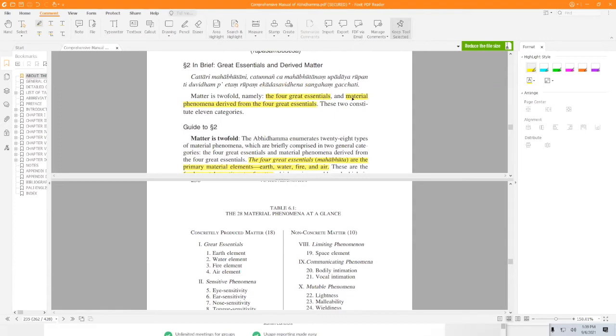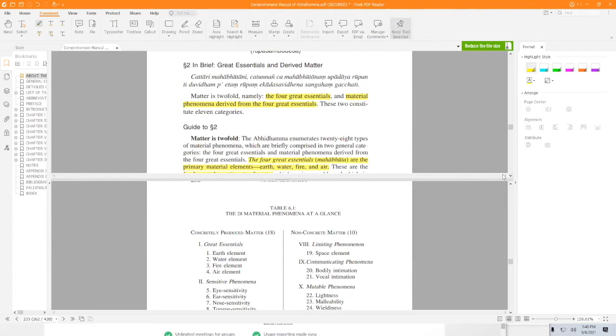And then there is a broad category of material phenomena that are derived from or dependent upon the 4 primary elements. So that's the broad distinction of the 28 types of material phenomena.